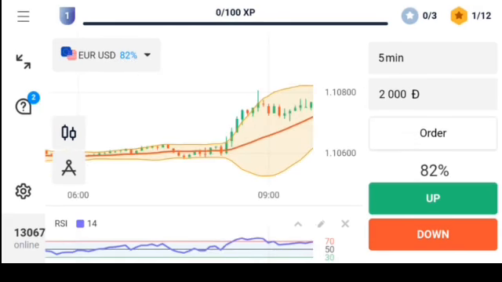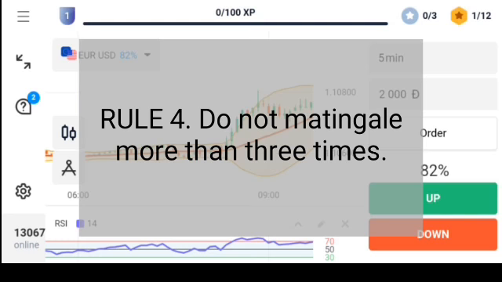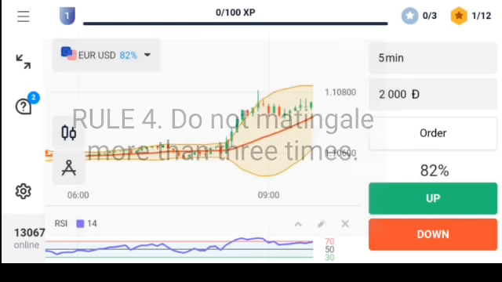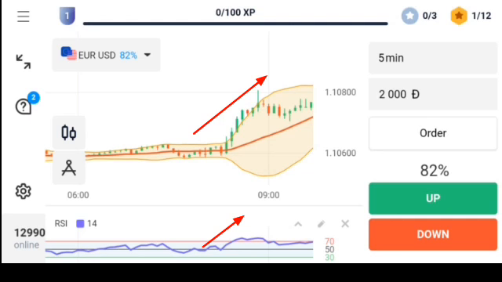So far, I've given you 3 rules for this strategy. So rule number 4 is: if the trend keeps moving in the same direction and goes deeper into the overbought or oversold zone, then after the signal candle, you open a trade and if that trade was not successful, you martingale, that is, you double the amount you are going to use for your next trade.